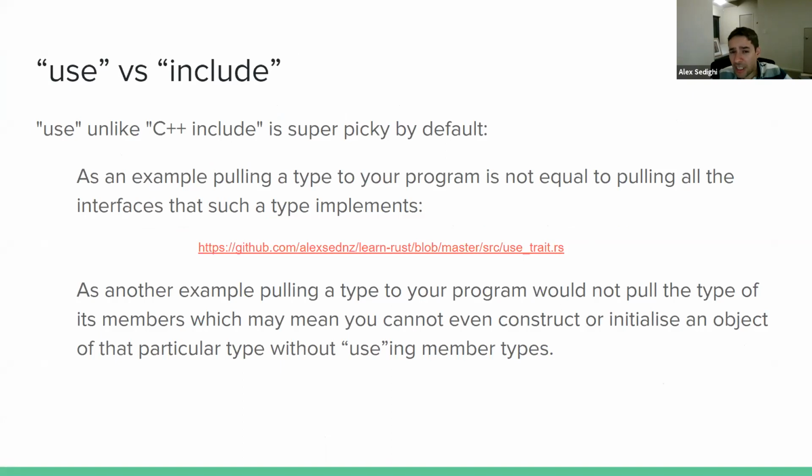It's super picky. In C++, if you include something, for example a definition of type A, and that type A itself depends on type B, once you pull type A, you have pulled type B as well, but it's not the same in Rust.